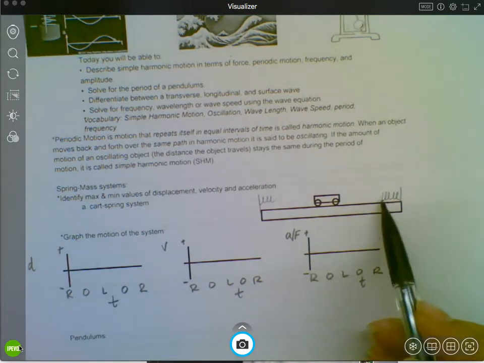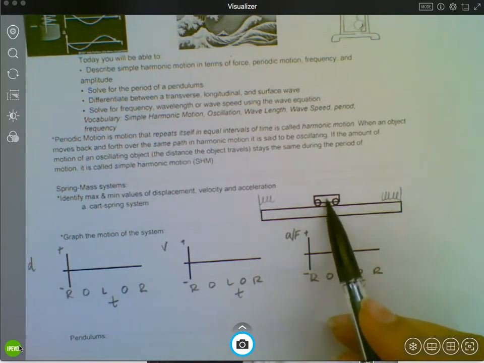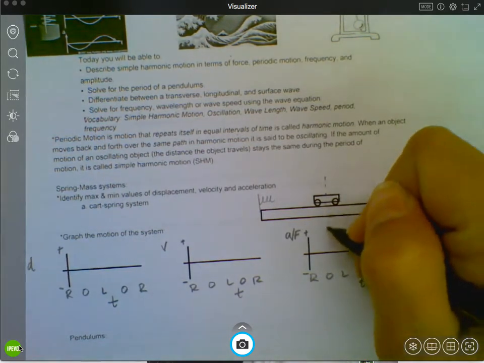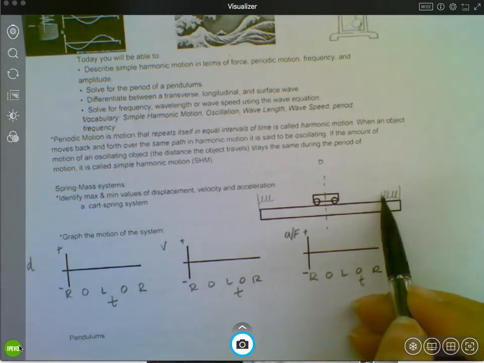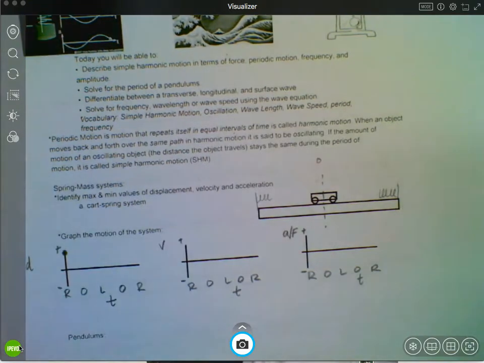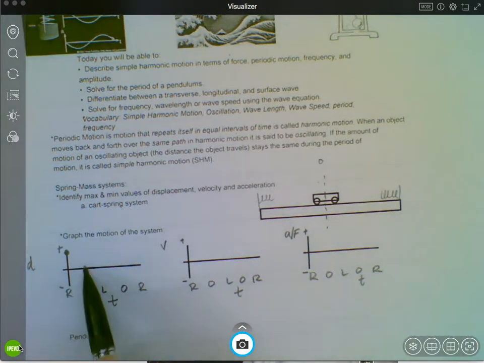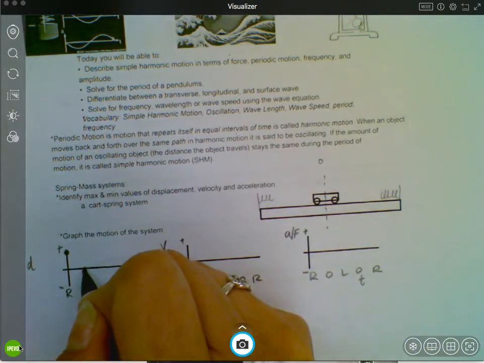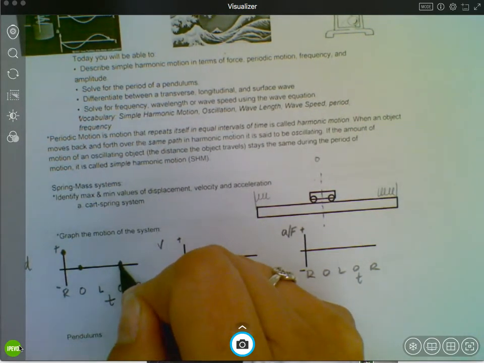When it's far right, its displacement is positive. From the origin, which is the center, if the cart is pushed up against the right, it would have positive displacement. At the origin, its displacement would be 0, and you can fill that in for both.